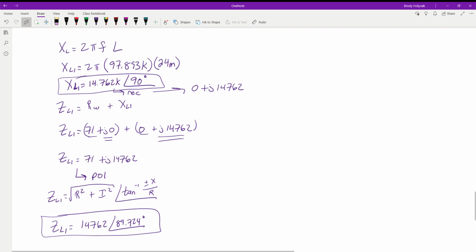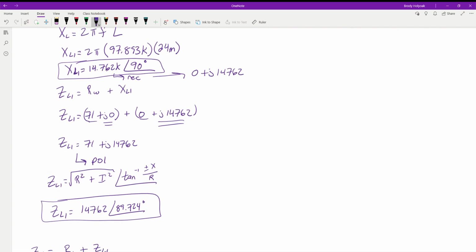Instead of solving it down, getting it in polar, converting it back into rectangular, and adding it to the R1 value, we could at this point take R1 plus this impedance, which we already found.